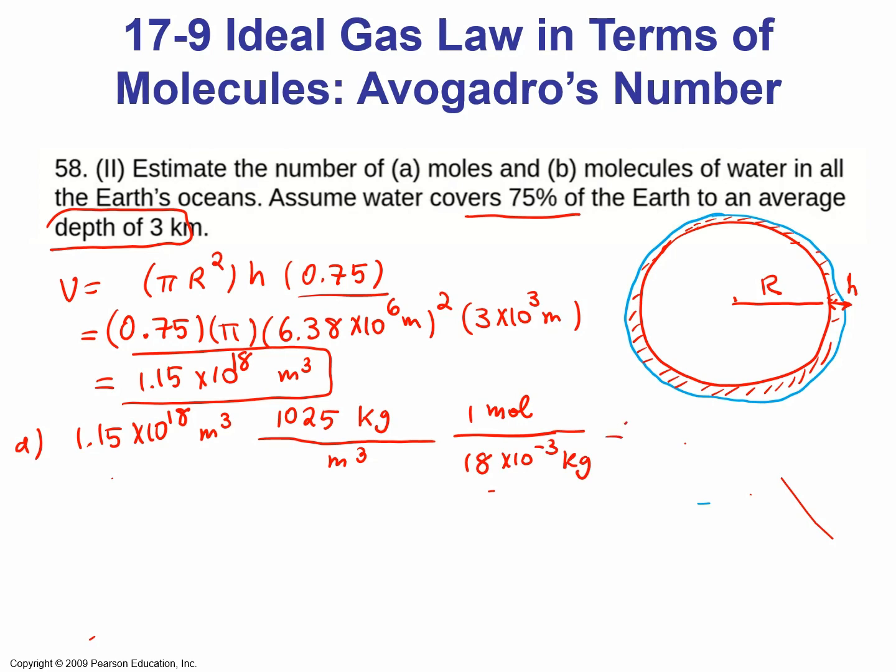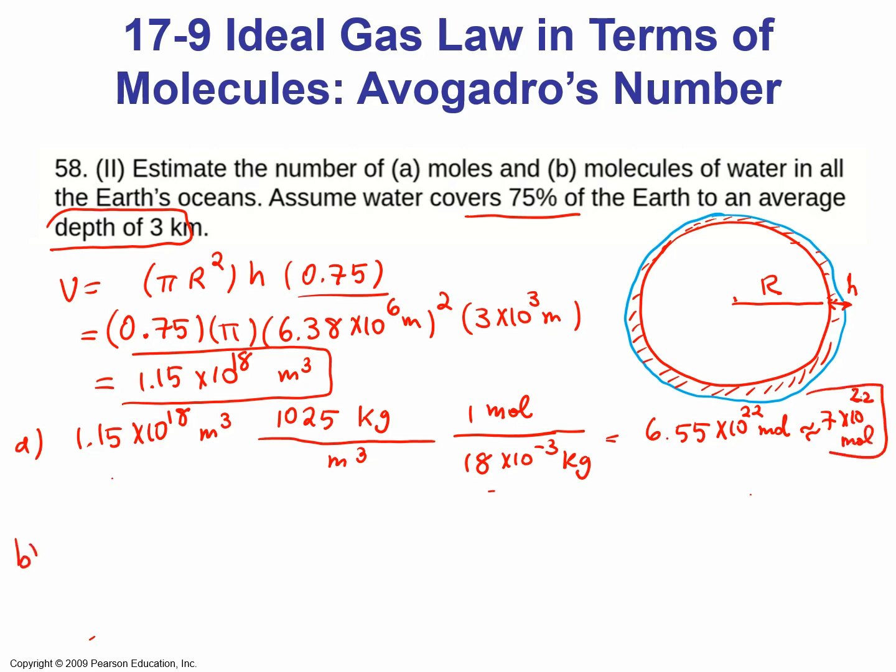And that simplifies to 6.55 times 10 to the power 22 moles, or roughly 7 times 10 to the power 22 mole.